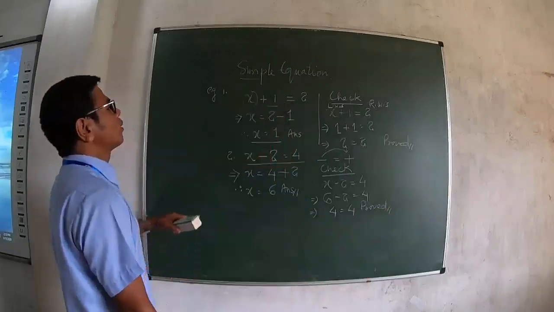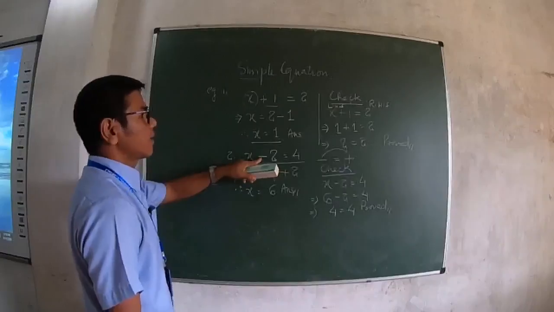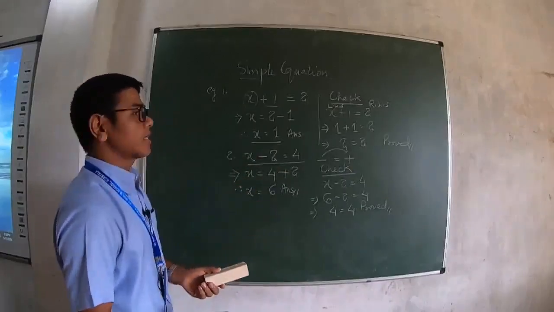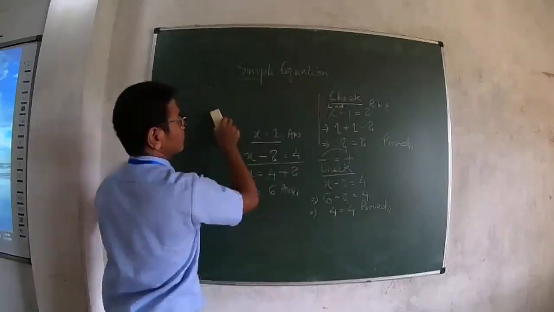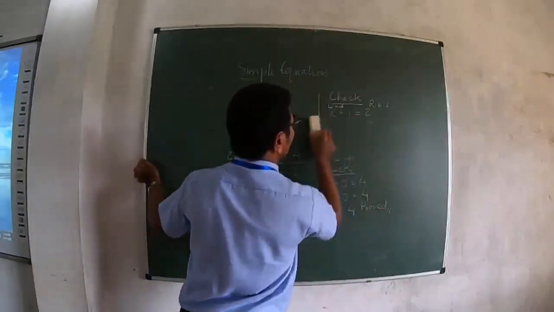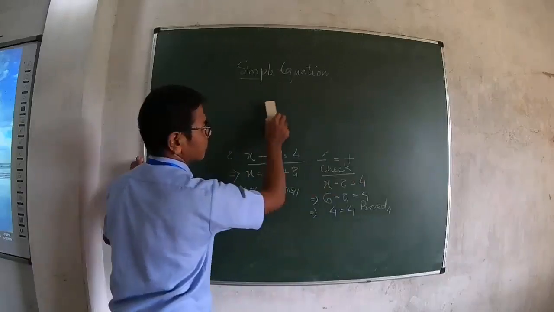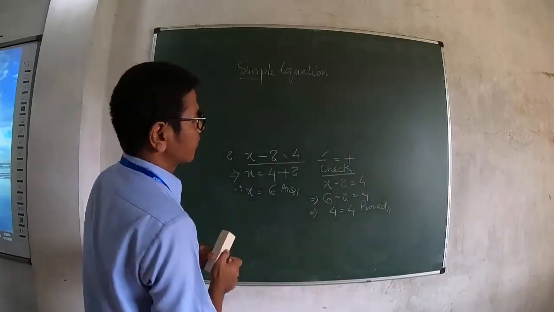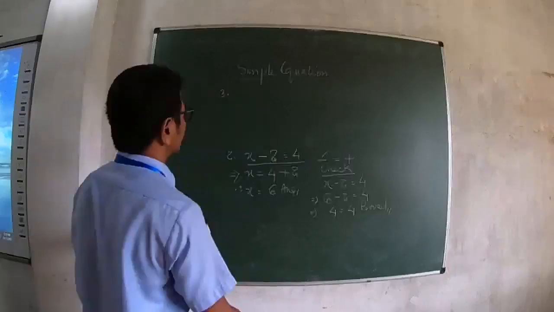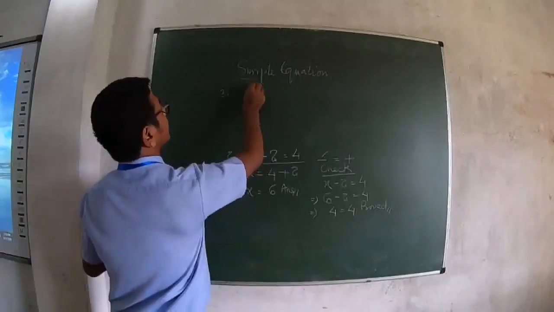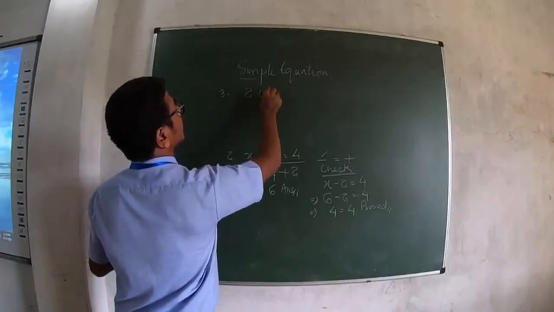Students, we have done with plus, with minus. Let us try doing with multiply. Please copy. The third example. Let us write 2x equals 4.